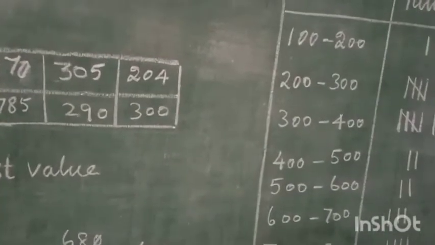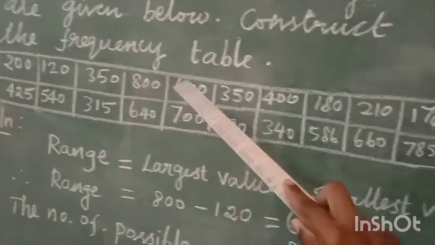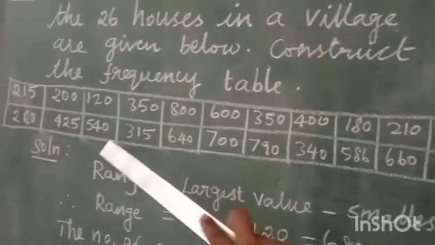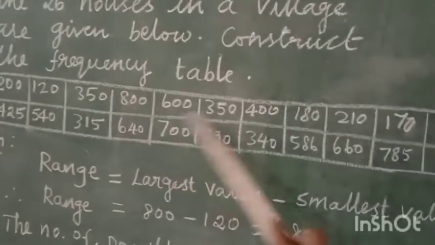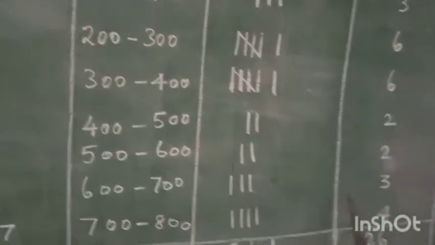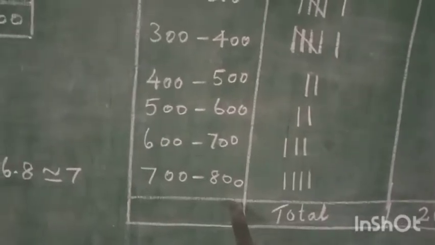One more we have to check. 660 is there, so 3. That is 1, 2, 3. So 600 to 700 is 3. Next is 700 to 800. How many are there? We have to see now.